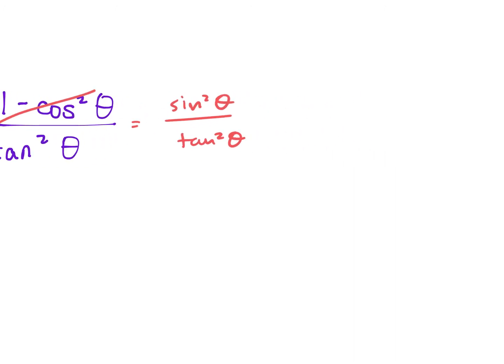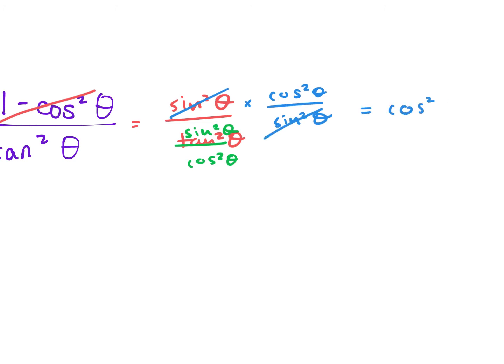Oh, so you're using that one. So sine squared over cosine squared. And I do keep, change, flip. So keep the top, change to multiplication, flip the bottom. If I have a sine squared on the top and a sine squared on the bottom, they cancel, and then I'm left with cosine squared on the top. So then that's it.